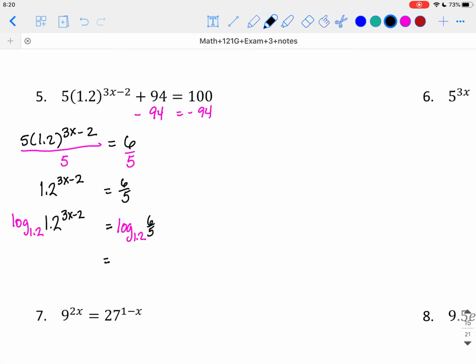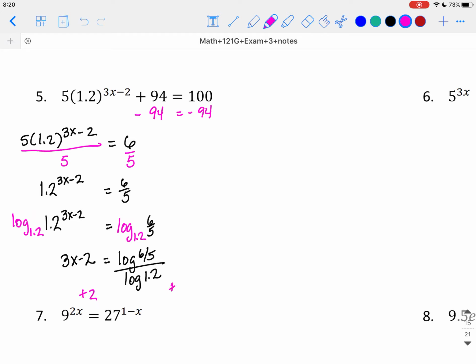And so on the left-hand side, I'm just left with the exponent. So it's no longer an exponent. It's just 3x minus 2. And log base 1.2 of 6/5 using the change of base formula is going to be the log of 6/5 divided by the log of 1.2.